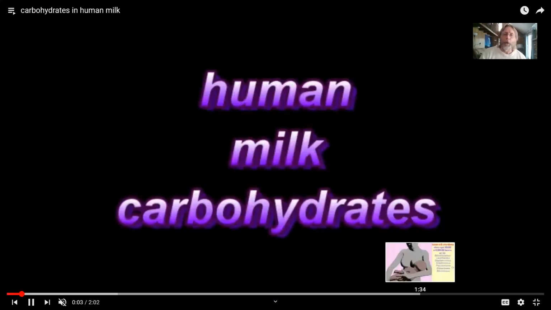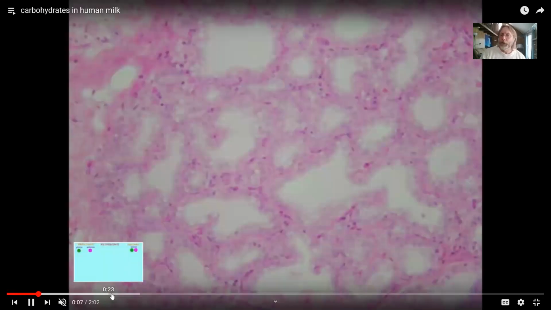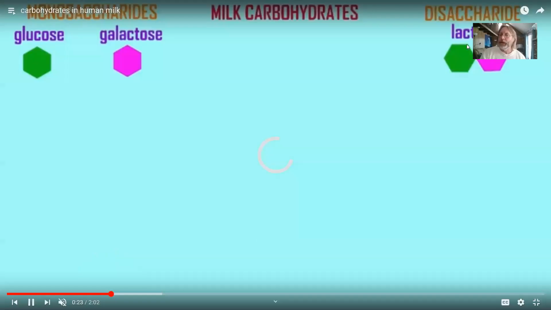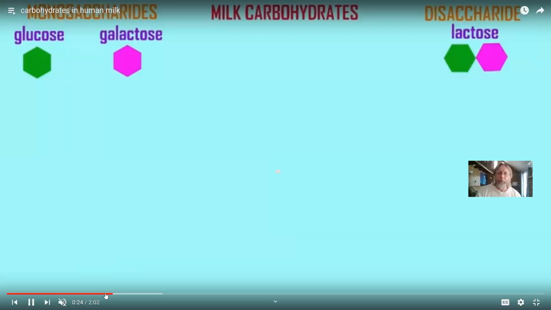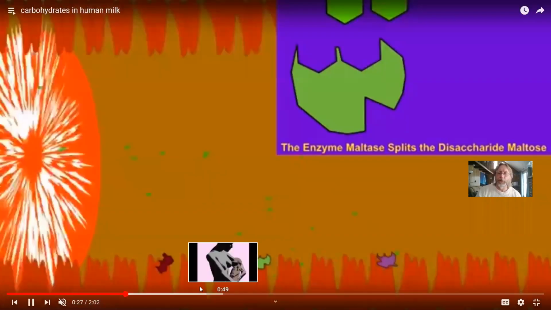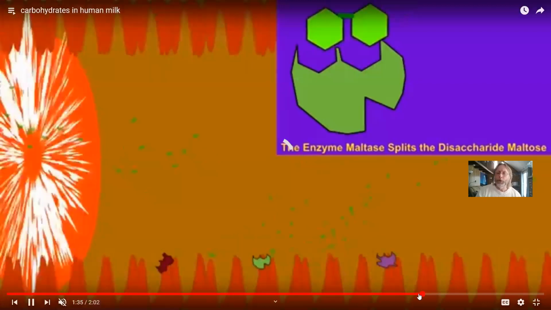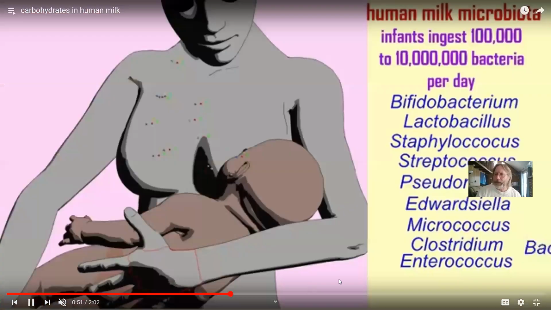There are also carbohydrates in milk. There are some monosaccharide sugars. Lactose, the disaccharide in milk, is a primary source of energy. And then interestingly, there's more. There are more sugars in milk, but interestingly, infants typically can't digest them.